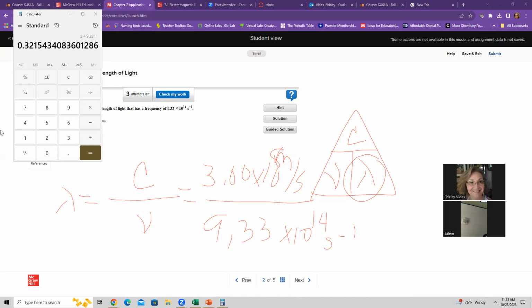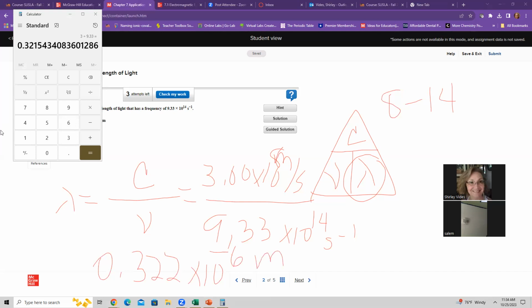So that's the answer for this part. 0.322 times 10 to the what? This is 14 and that's 8. So 8 minus 14 is going to be equal to negative 6, and that is meters.